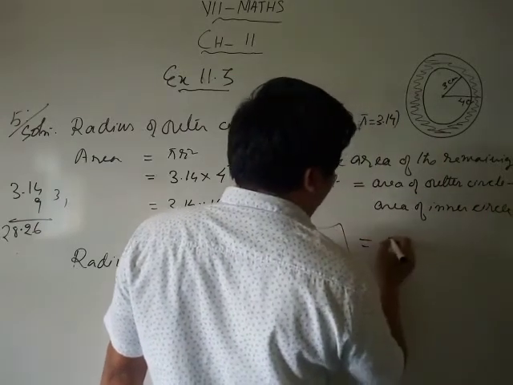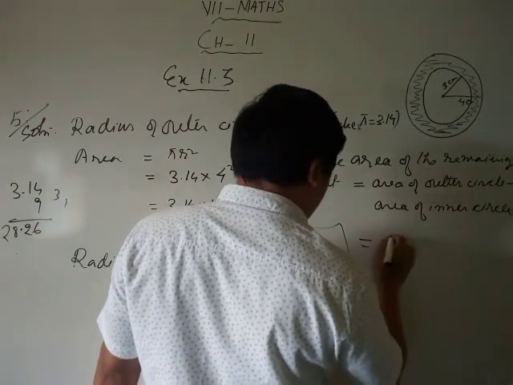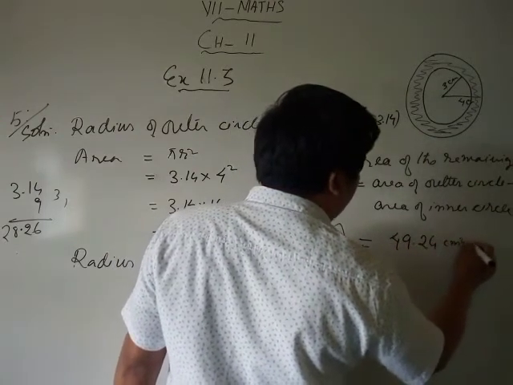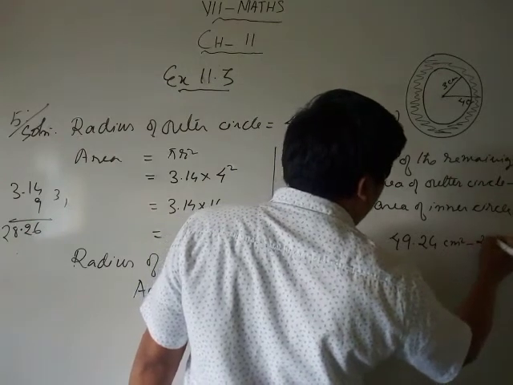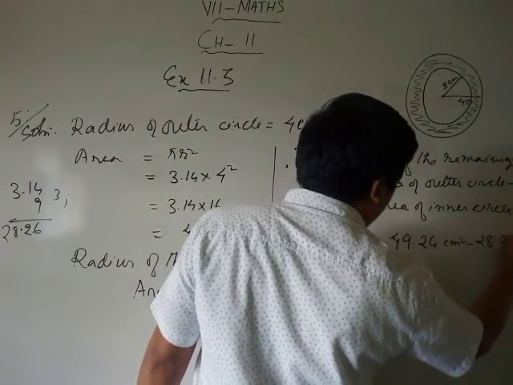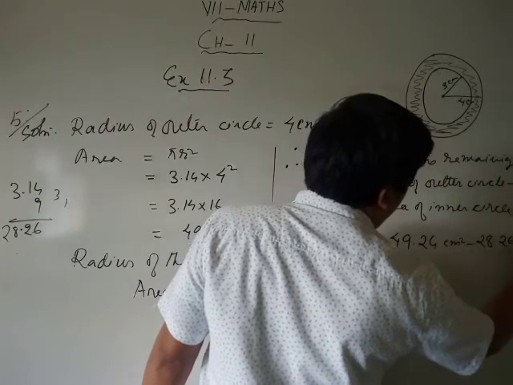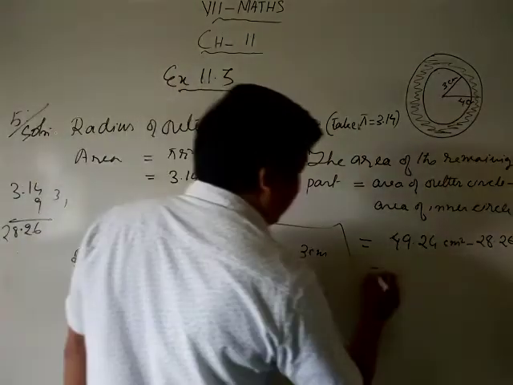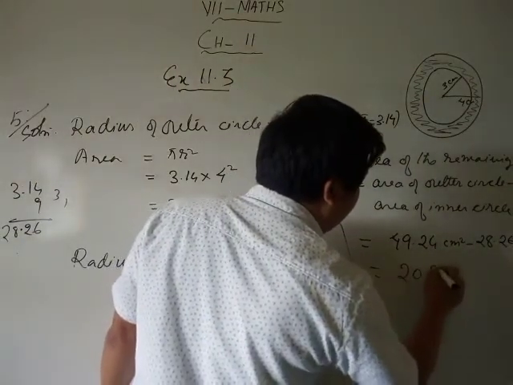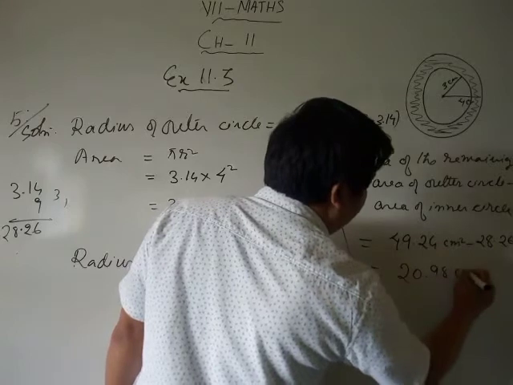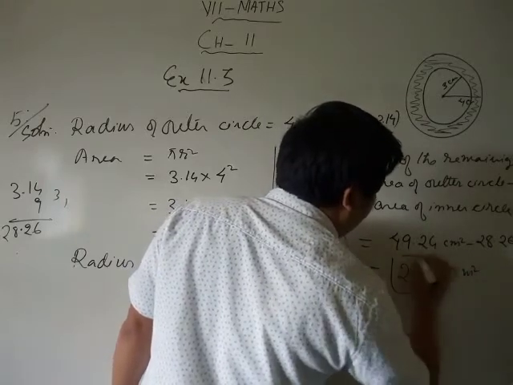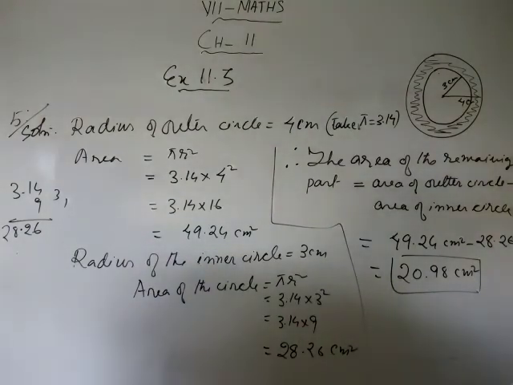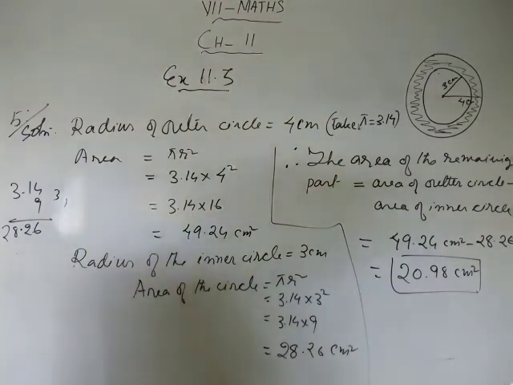That means how much? We got here 49.24 centimeter square minus 28.26 centimeter square. Then we have 20.98 centimeter square. So this is the area of the remaining portion. Please note this down.